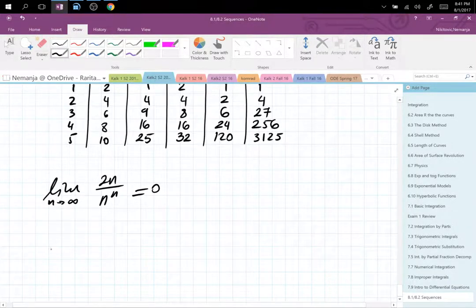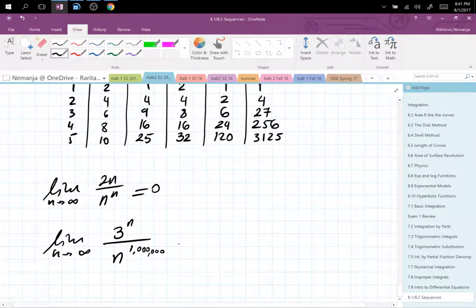Another example would be the limit as n goes to infinity of, let's say, 3 to the n over n to the 1 million. What is that? It's infinity, because the numerator grows much faster.